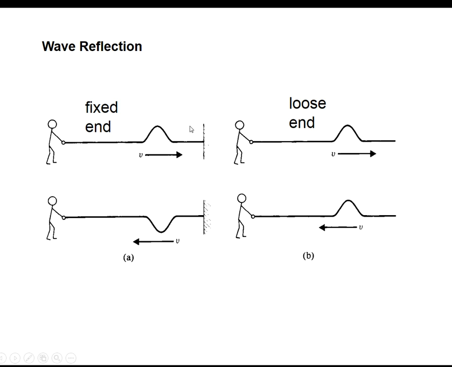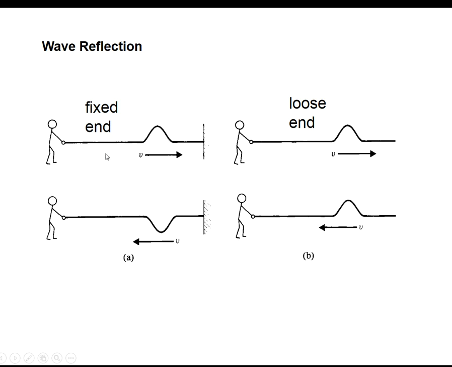In chapter 3 of your book, you can also see the concept of wave reflection, and you've seen this in some of our demonstrations and activities in class. If you have a fixed end and you give it a little transverse pulse, it'll be an up wave on the way there and a down wave on the way back.